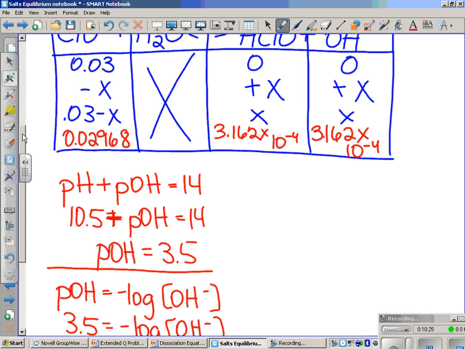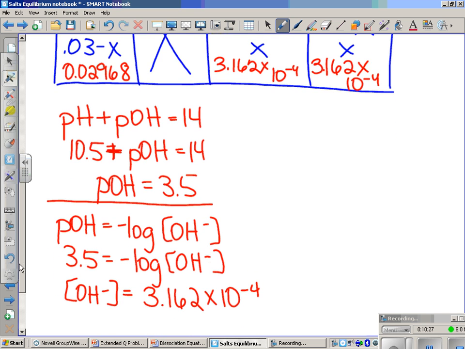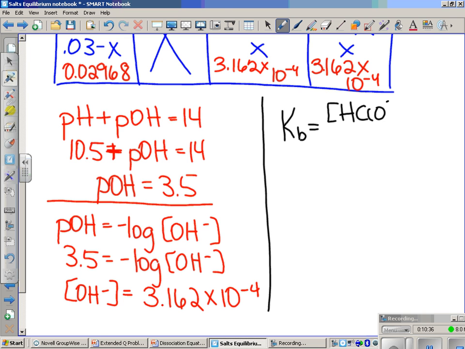The question didn't ask me for the concentrations, it asked me for Kb. And since this is a base, that is what we are calculating. So Kb will be the concentration of your products, both raised to the first power because their coefficients are 1, over the concentration of the reactant. The only reactant that matters is KClO minus.